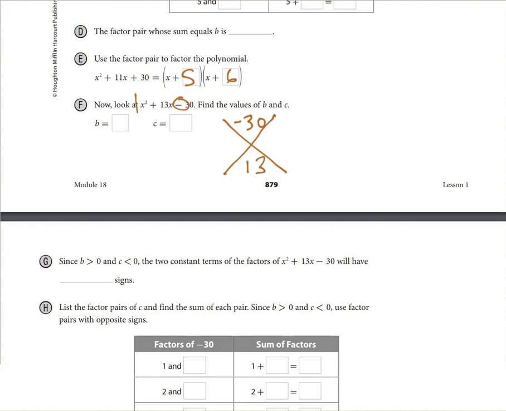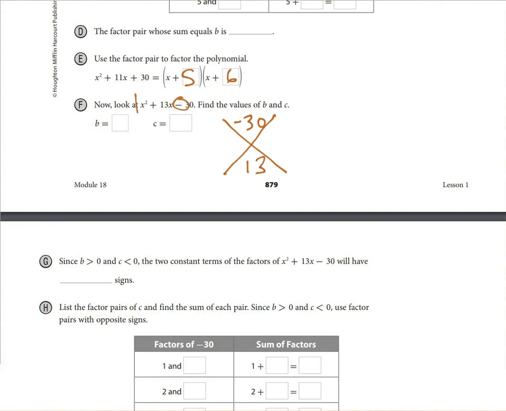When you multiply and get a negative number, that means one of the numbers is negative. So you go through all the different combinations of numbers that multiply to negative 30, and we need the combination that also has a sum of 13.